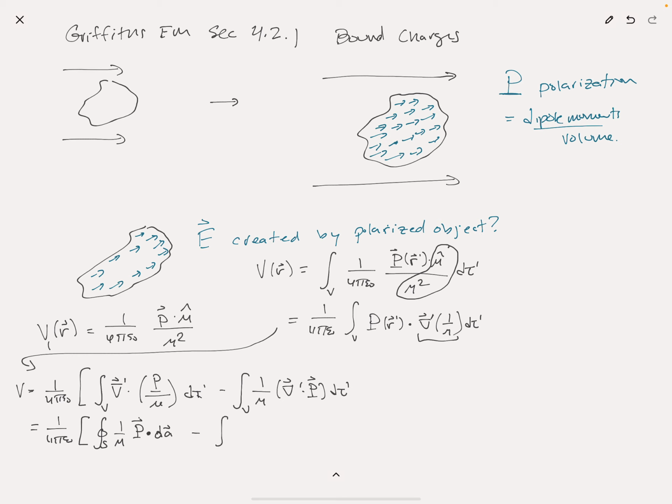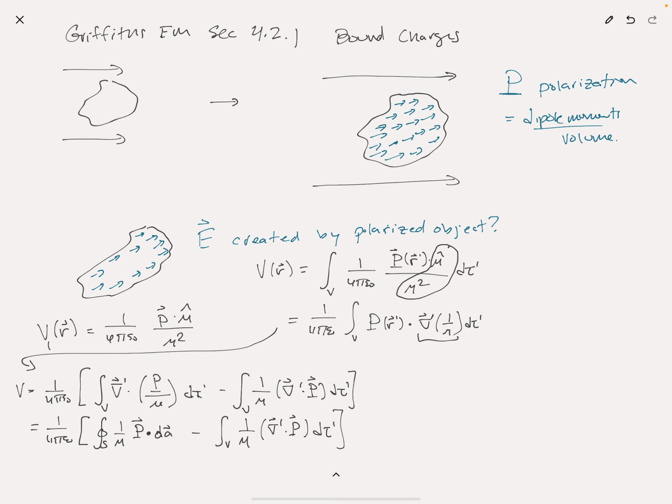Minus still that volume integral, 1 over script R, del dot p d tau prime.